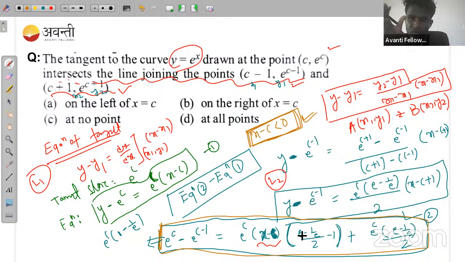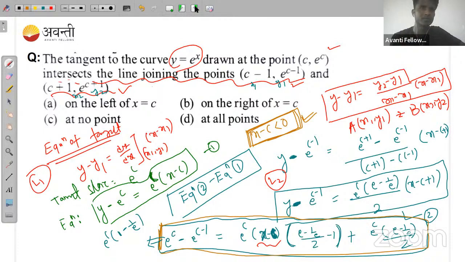So it will reduce by something, it will be less than 1 minus 1, so that is going to be negative. So the total, after dividing, overall will be negative when x minus c is less than 0.